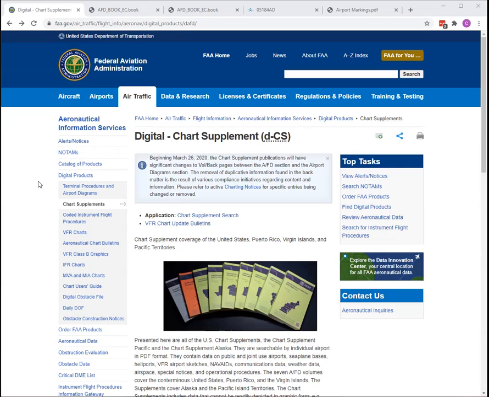So the first thing that I want to talk about is what's known as the chart supplement. The chart supplement is actually a collection of books that the FAA puts out very regularly.